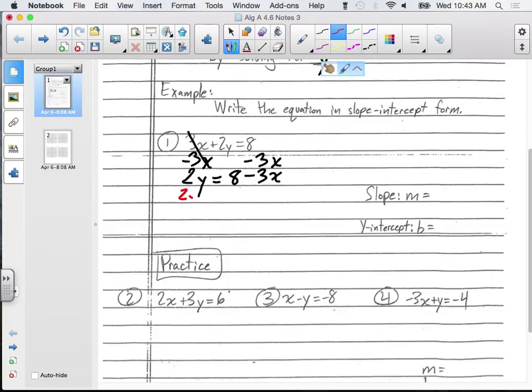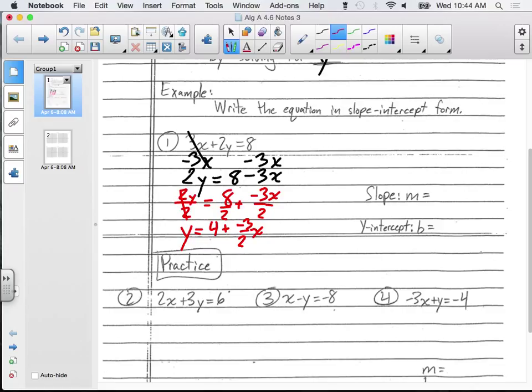So then we have, alright, and divide our left side by 2, so we're just left with y. Then the next part we have is 8 divided by 2 is? 4. And we have plus, can we simplify -3 over 2 to anything? No. Nope, so we can just leave that as an improper fraction.